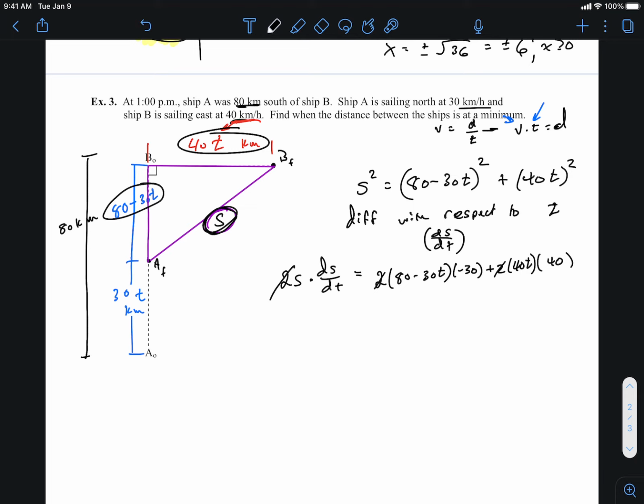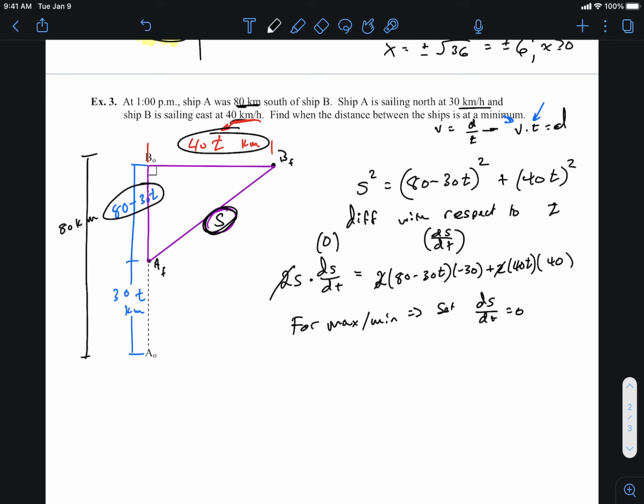And then I'm going to be left with an S. How are we going to get rid of that? Oh, I know what we're going to do. For a maximum, the S doesn't matter. For a max or min, we set dS by dt equal to 0.